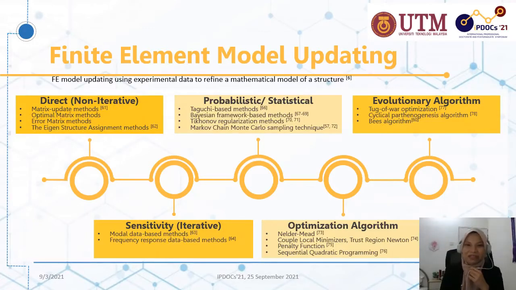Some examples of direct methods are error metric methods, matrix update methods, optimal matrix methods, and the eigenstructure assignment methods. The sensitivity method is based on linearization of the generally nonlinear relationship between measurable outputs and the parameters of the model in need of corrections. Researchers in the iterative method extensively use modal data-based methods and frequency-based methods.